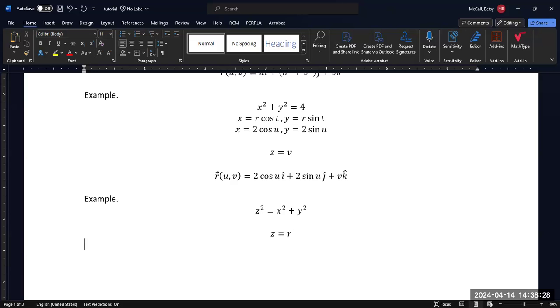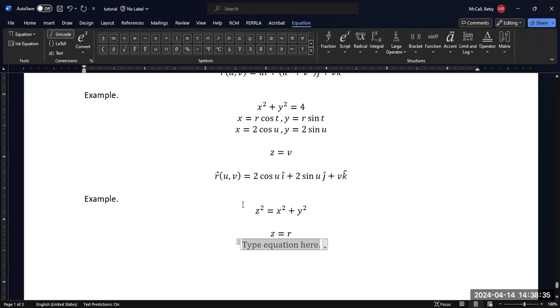Now, we still have this x squared plus y squared, so if we think about our coordinates in terms of polar, we might be thinking, okay, well, x is going to be r cosine u, again u instead of t because of our coordinate system, and y is equal to r sine u.